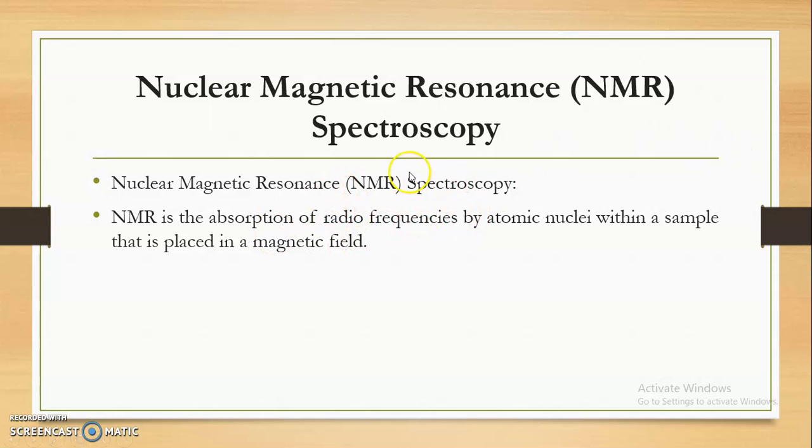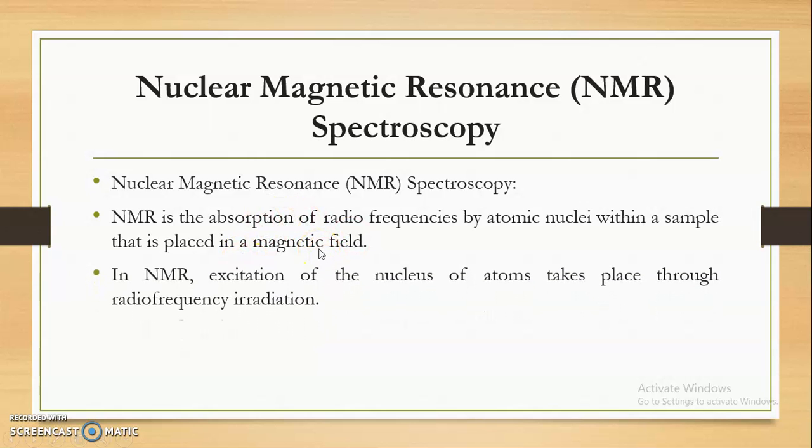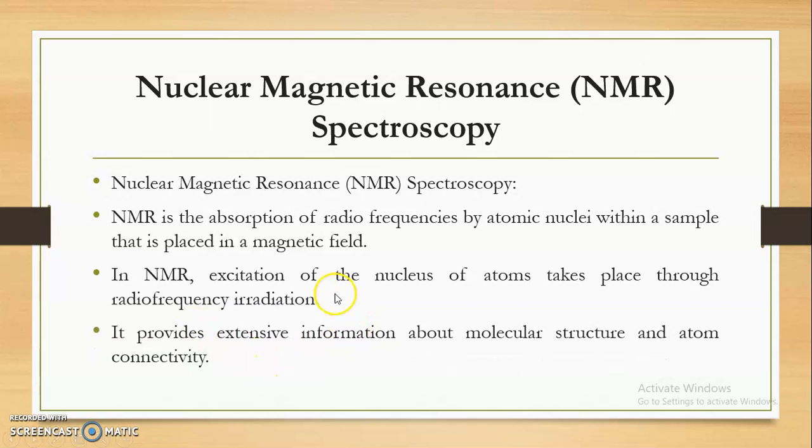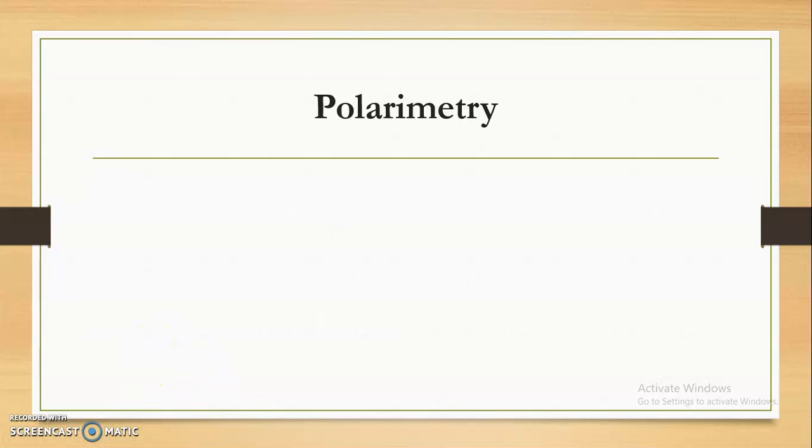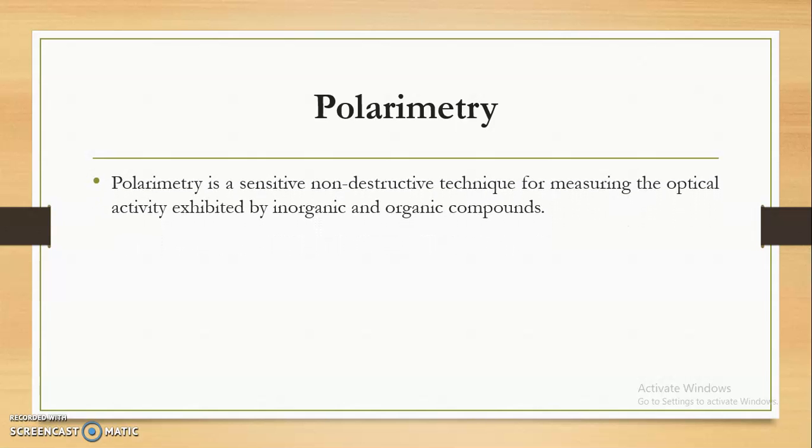Here, radio frequency waves are generally utilized by atomic nuclei in a sample that is placed in a magnetic field. In NMR spectroscopy, excitation of the nucleus of an atom takes place through radio frequency irradiation. It provides extensive information about the molecular structure as well as the atom connectivity. In detail, we are going to discuss all these techniques, but just for the introductory part, we are going to discuss in short what these different techniques are.